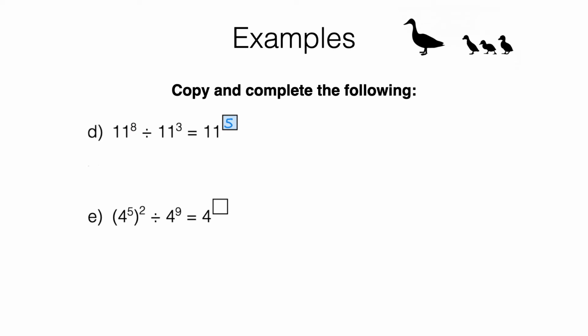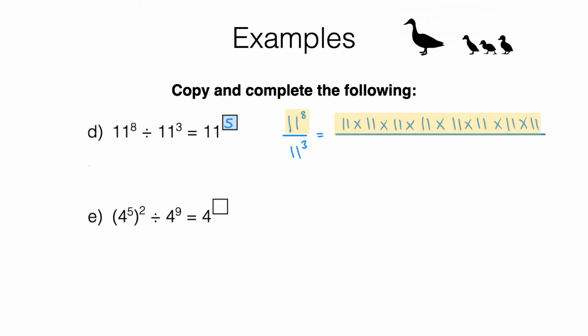Now, why does this work? Well, I can write 11 to the power of 8 divided by 11 to the power of 3 as a fraction. I can write it as 11 to the power of 8 over 11 to the power of 3. Remember, this line means exactly the same thing as divided by. Now, I could write 11 to the power of 8 out in full, and 11 to the power of 3 out in full as well.